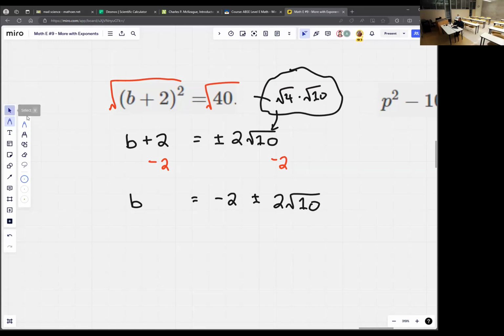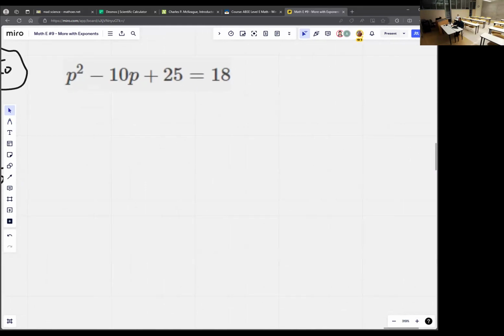Okay, one more. I don't see anything times itself here. Can I factor this so that it's p minus something times the same thing?